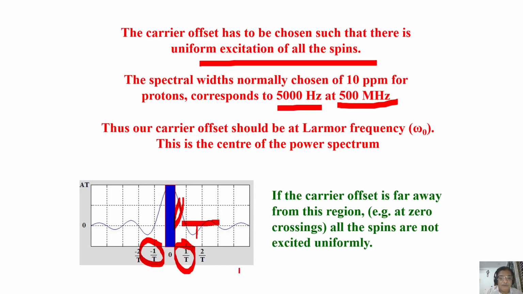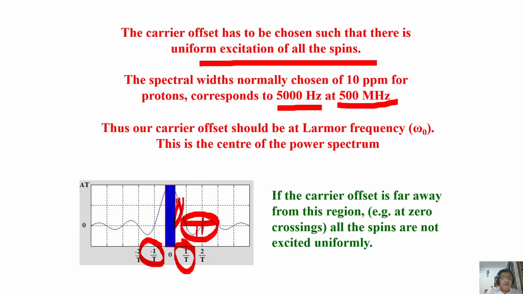That is not good for me because it is not a uniform excitation here. And in some places, there won't be excitation at all. We have to ensure all the frequencies, all the spins, the chemically inequivalent spins which give frequencies in 0 to 10 ppm, all of these should be equally excited, uniformly excited.